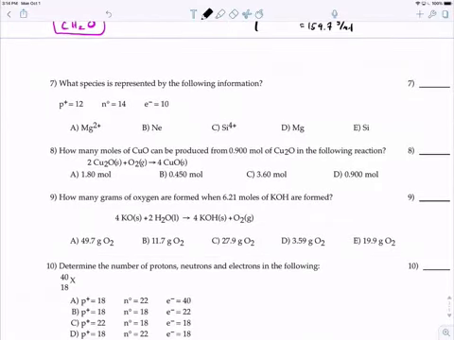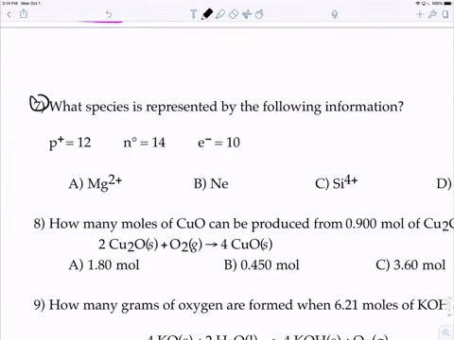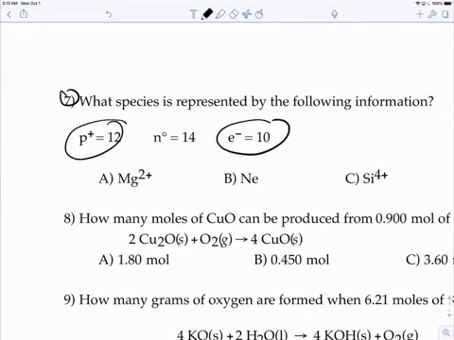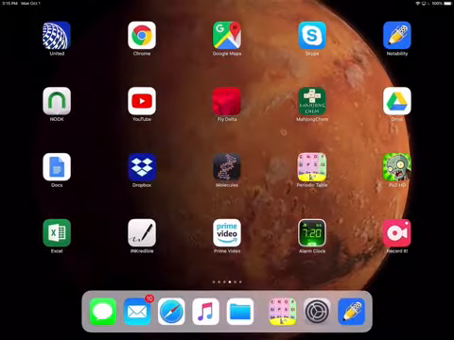Oh, okay. What species is described by the following information? So if there are 12 protons and 10 electrons, you know it's going to be +2. So that's the first part. And the 12 protons, you look for something that has atomic number 12, it's magnesium.